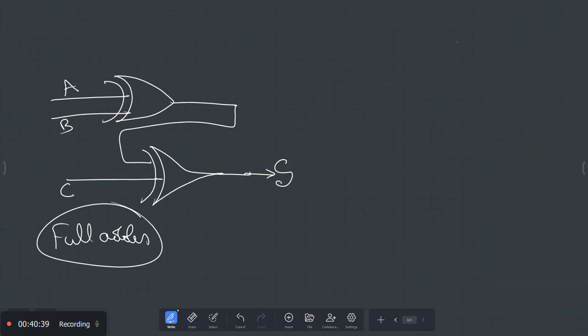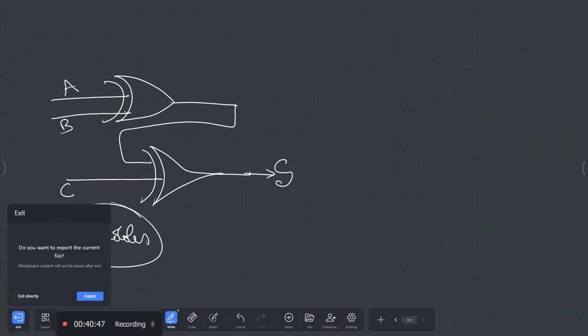Okay. So I was trying to introduce you to a combinational circuit. Hope now you all understood what a combinational circuit is. In this combinational circuit, one thing you observe, your output depends on the present input only.